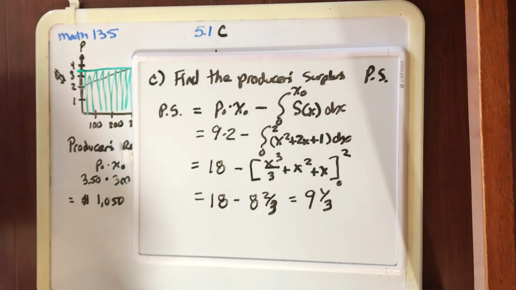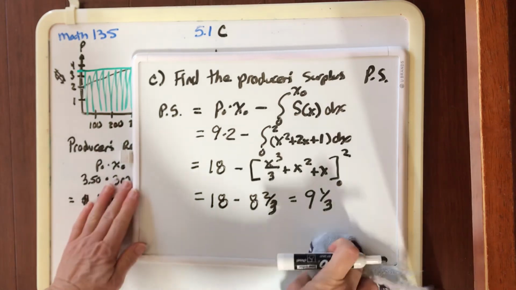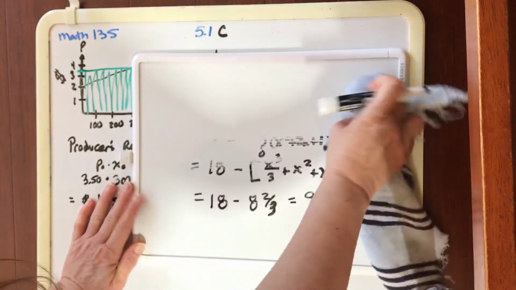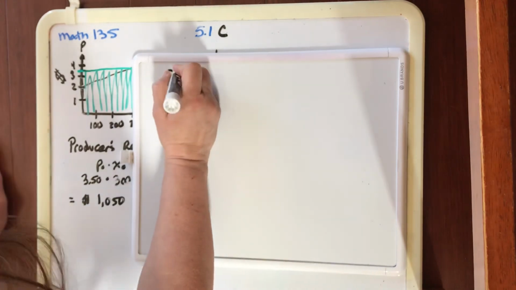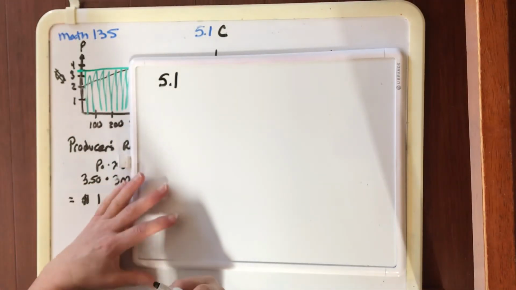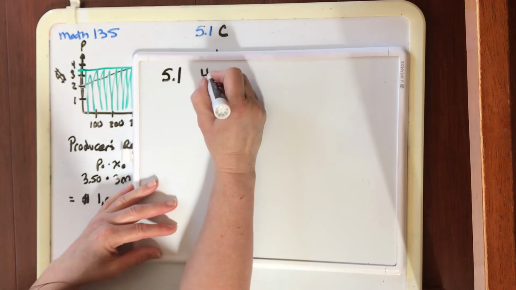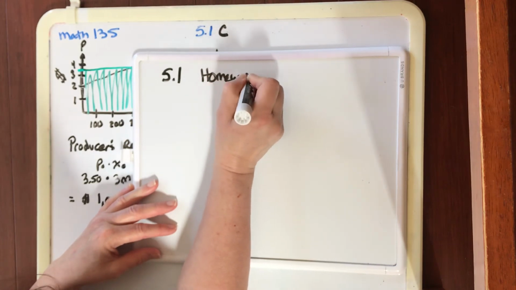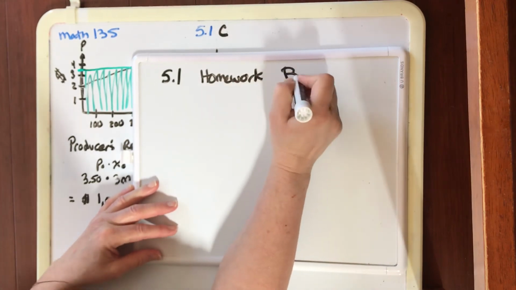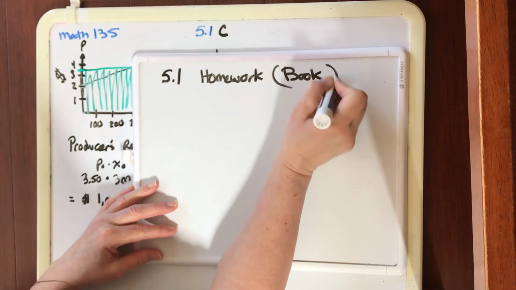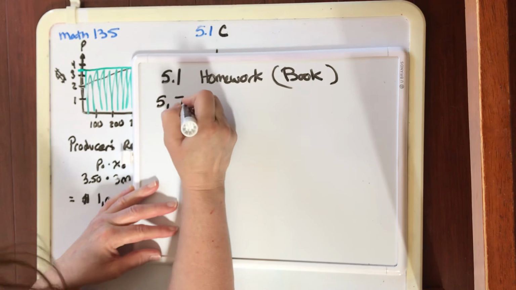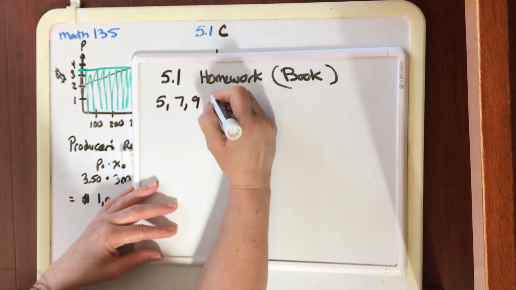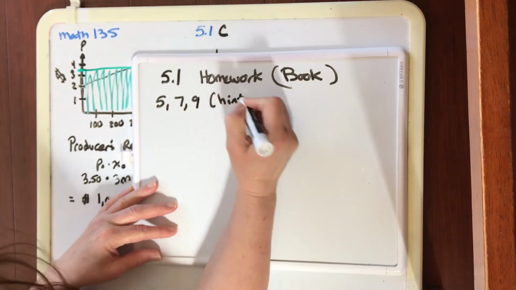Okay, so let me list the homework that we're going to be doing that comes from the book. All right, 5.1 homework. This is from our book. Okay, so do 5, 7, 9. And for 9, I'm going to give you a hint.